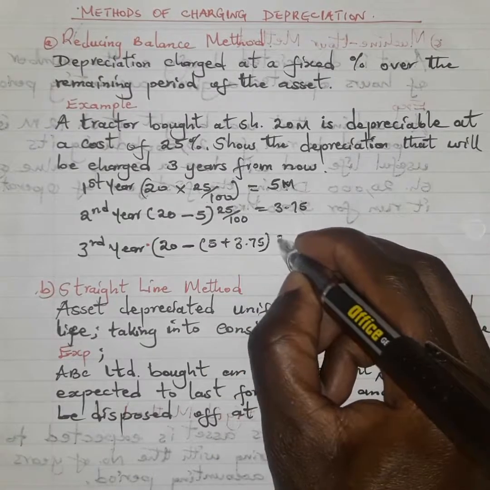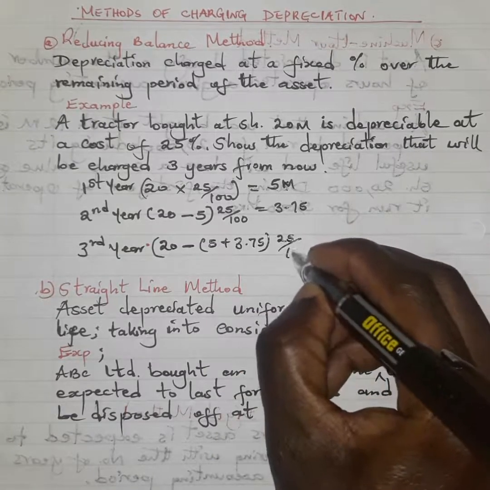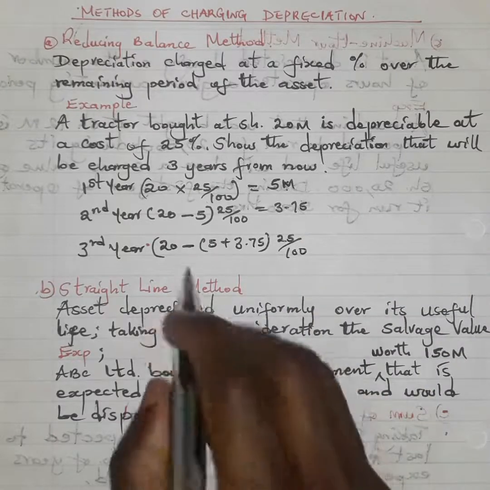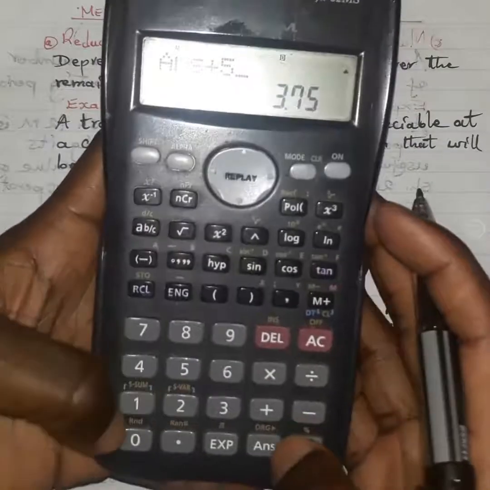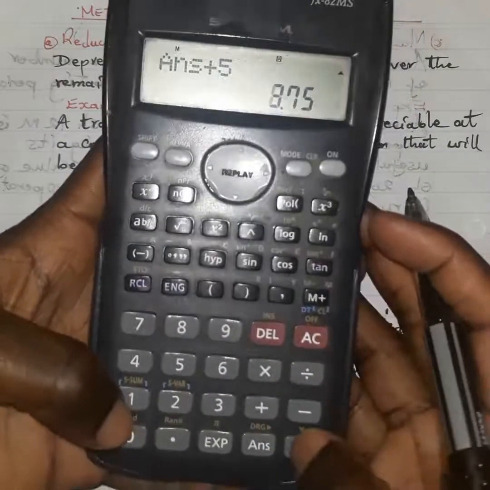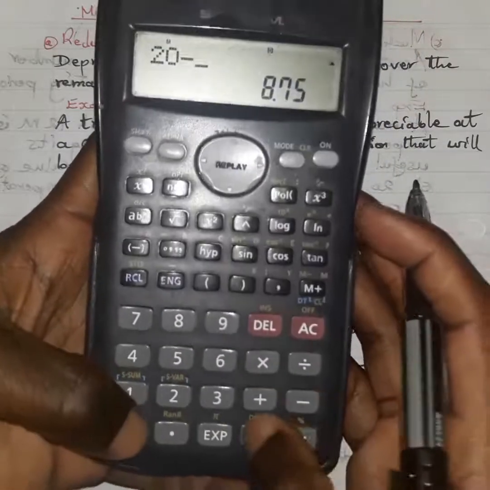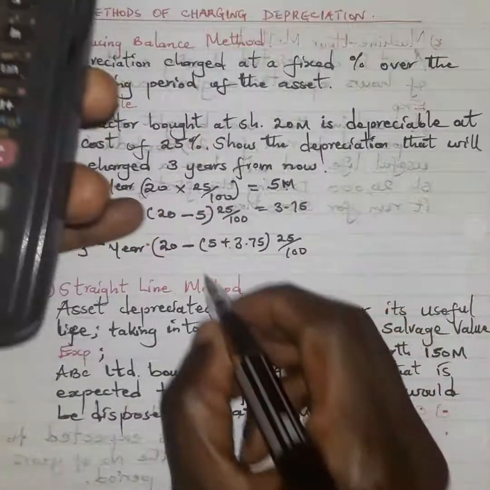We charge it at the same rate of 25%. 20 minus 8.75 gives 11.25.